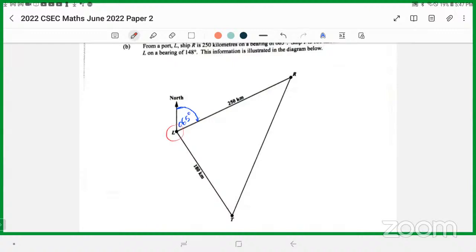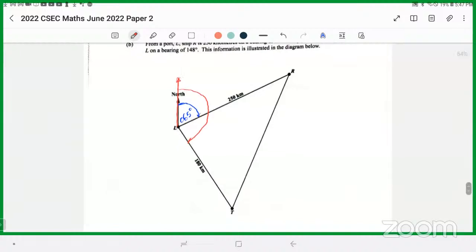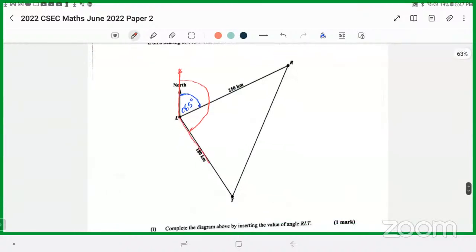So this is the from position again, and the bearing is 148. So again, it's like a standard from position. You face north first. This is the angle that you have to turn to the right in order to face the place that you're measuring the bearing to. This is the 148 degrees that I've marked out in red.